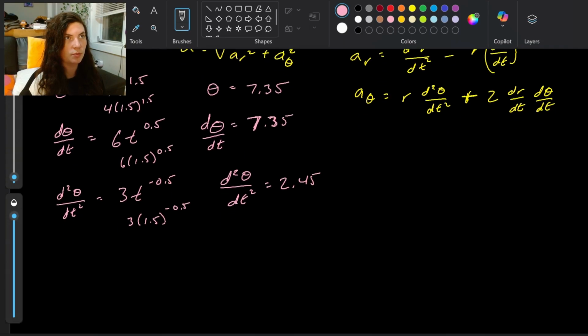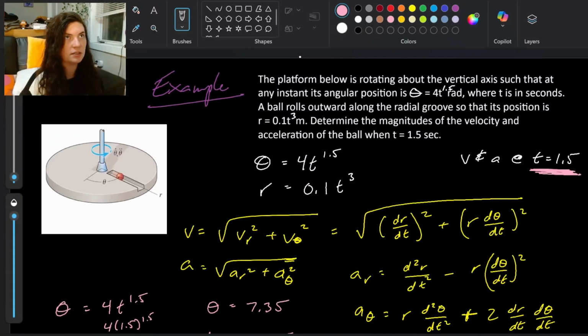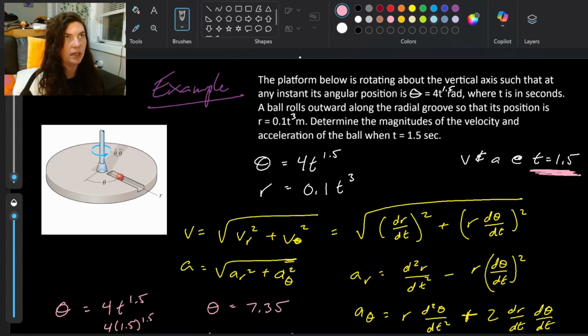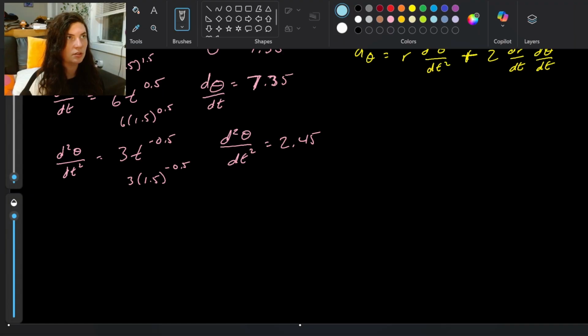So we are going to rinse and repeat, do the exact same thing with our radius. That radius equation, radius equals 0.1 t cubed. And this time I'll go through and take all my derivatives first.